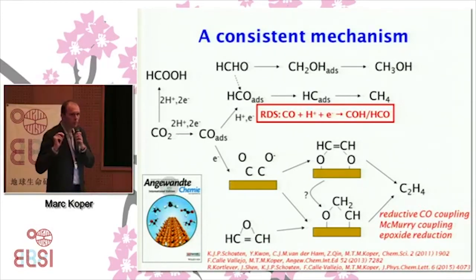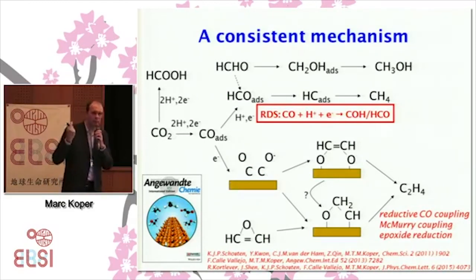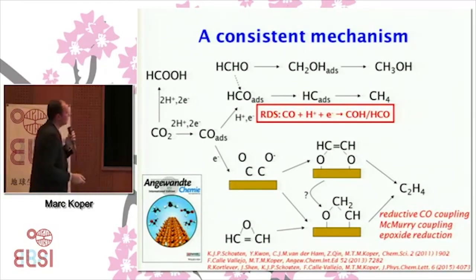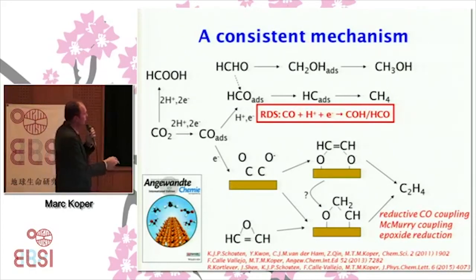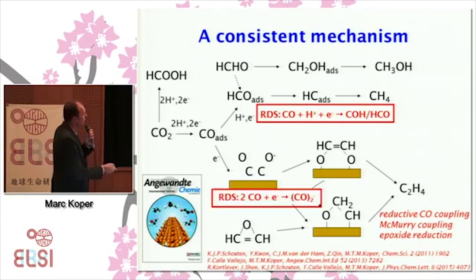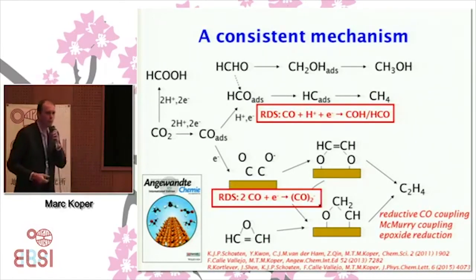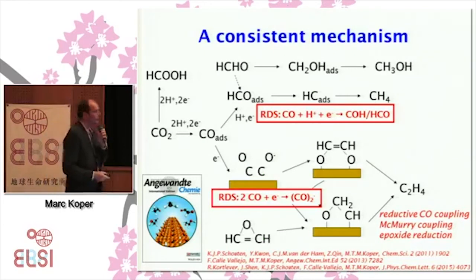Remember that there we make only C2 and we don't make any C1 products, at least in a certain potential window. And the way we explain this is through this dimerization mechanism. So we make a negatively charged dimer that binds to the surface, and this negatively charged dimer is the key intermediate, and that is then further hydrogenated, and this is made through an electron transfer step that is decoupled from proton transfer.